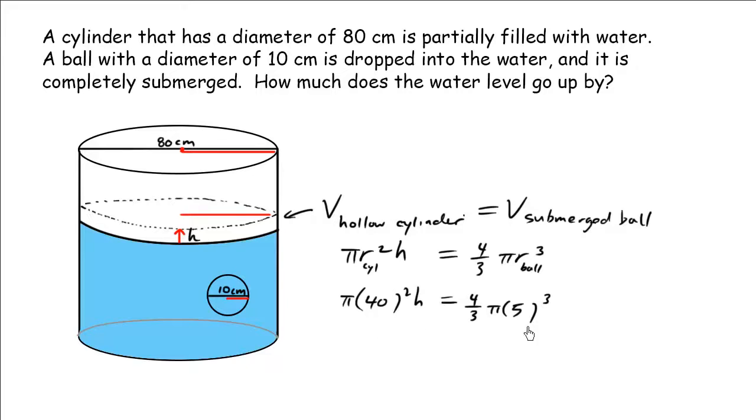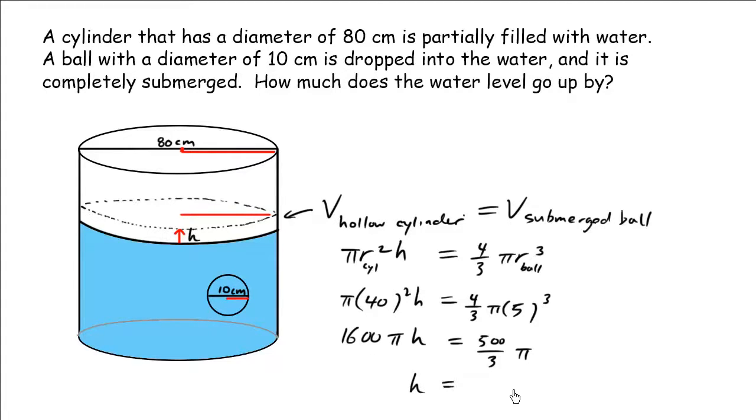So the rest is just algebra. What we have here is 1600 pi h is equal to 500/3 pi. And so divide both sides by 1600 pi.